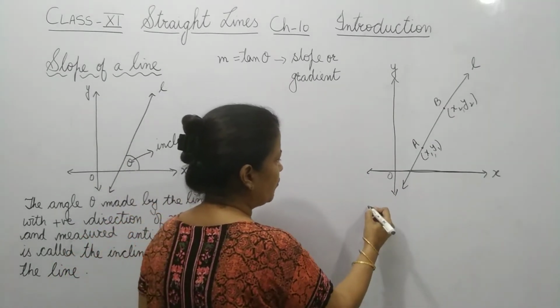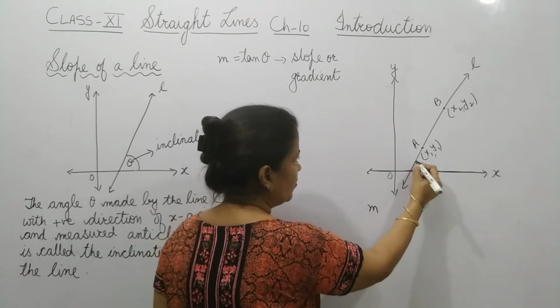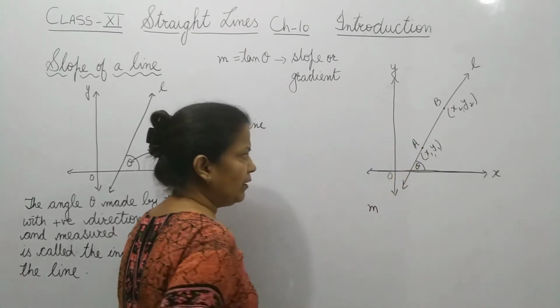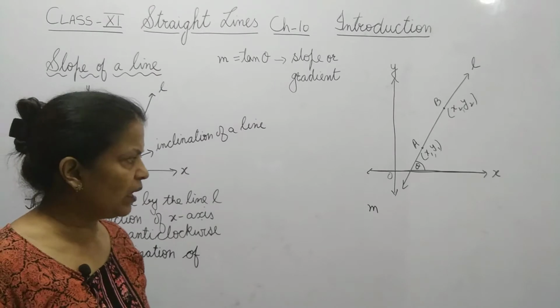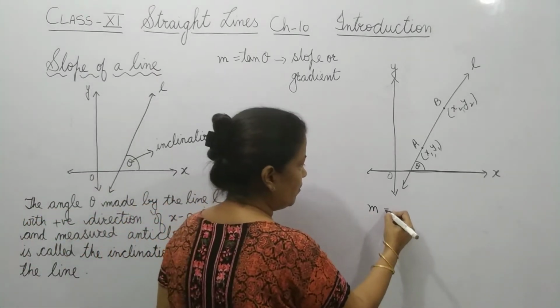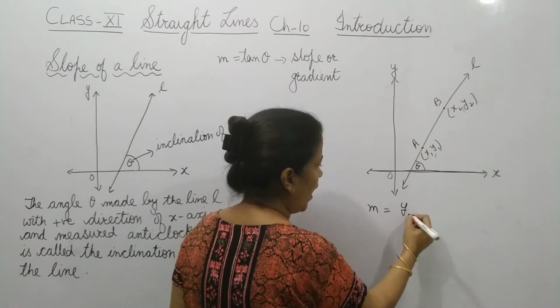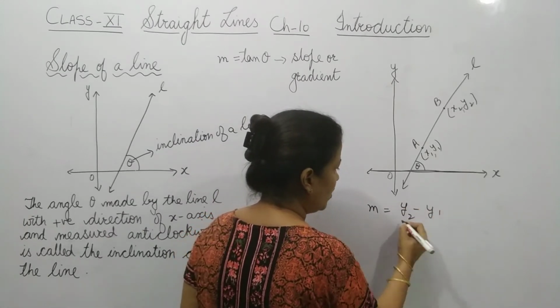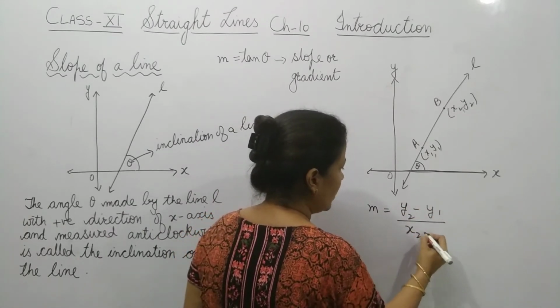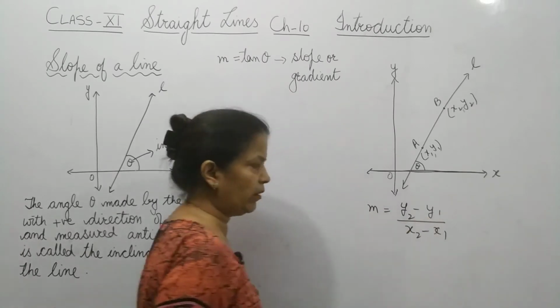So the slope formula is: with theta the angle with the positive direction of x-axis, this m, or tan theta, is (y2 minus y1) upon (x2 minus x1).